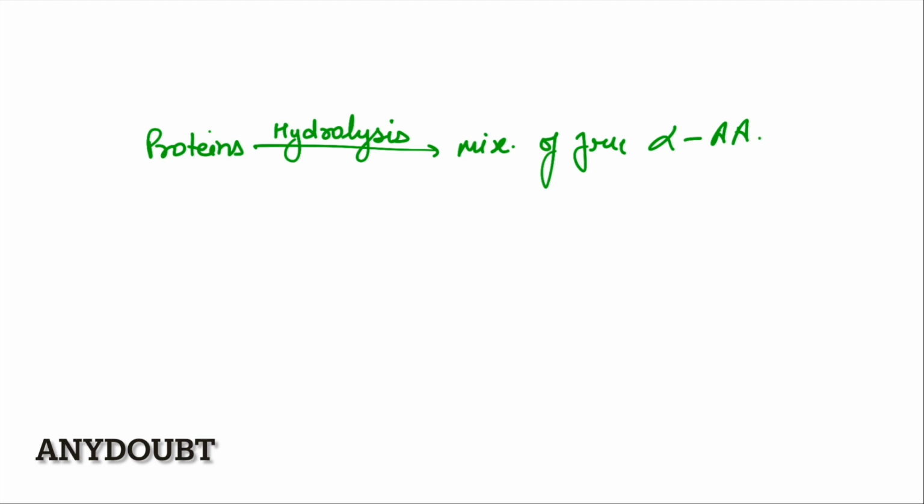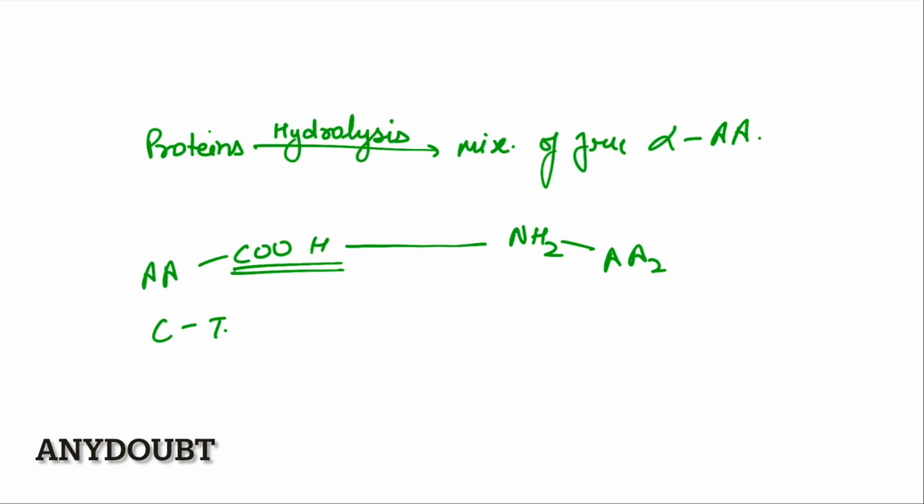If we see the structure of protein, the COOH of one amino acid and the amine group of another amino acid are bonded. The terminal containing COOH is known as the C terminal, and the terminal containing NH2 is known as the N terminal.